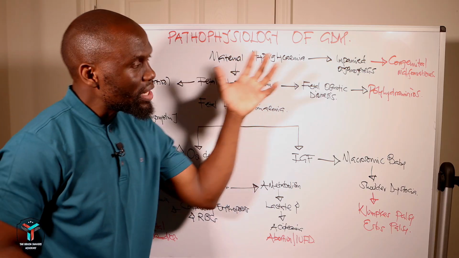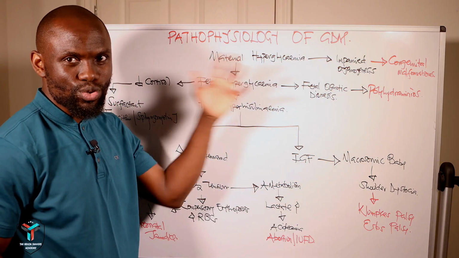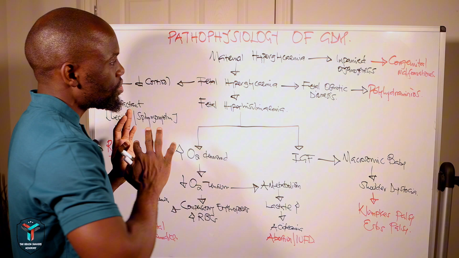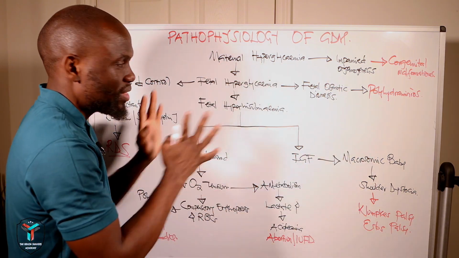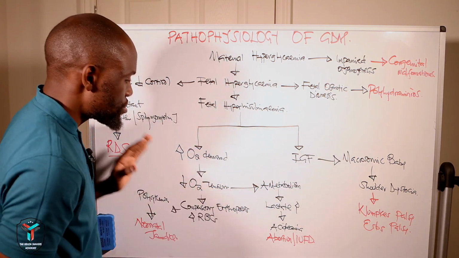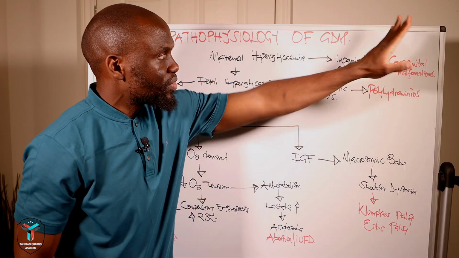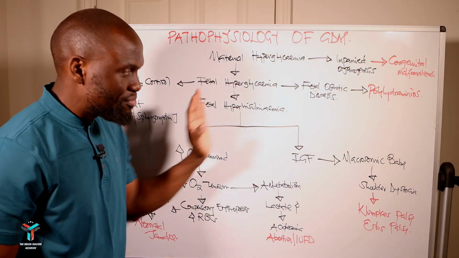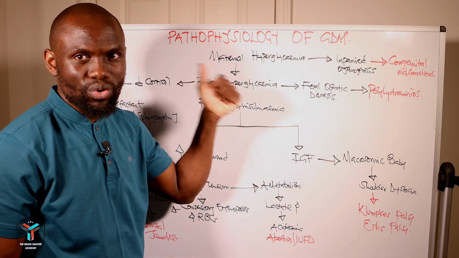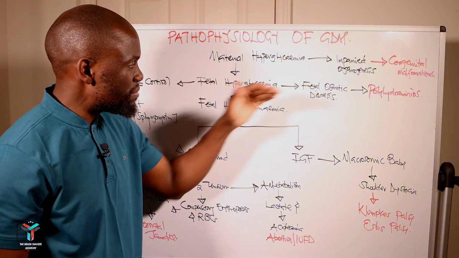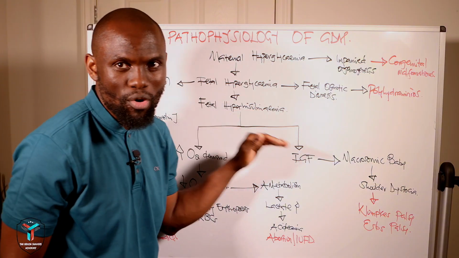So basically that is what maternal hyperglycemia is going to do. It brings out this vicious cycle that is going to bring out all these problems if we have not managed the glucose levels and have not managed to bring this woman to normal levels.